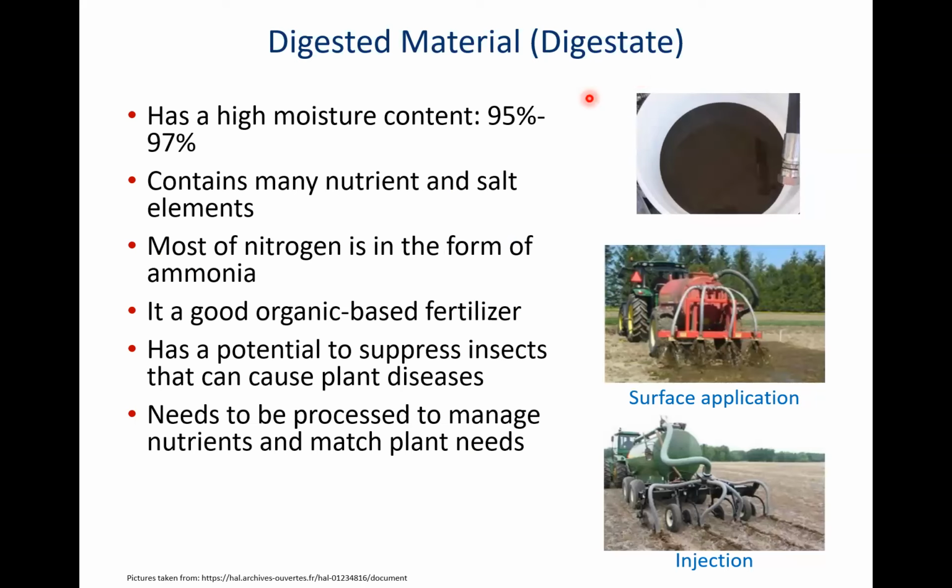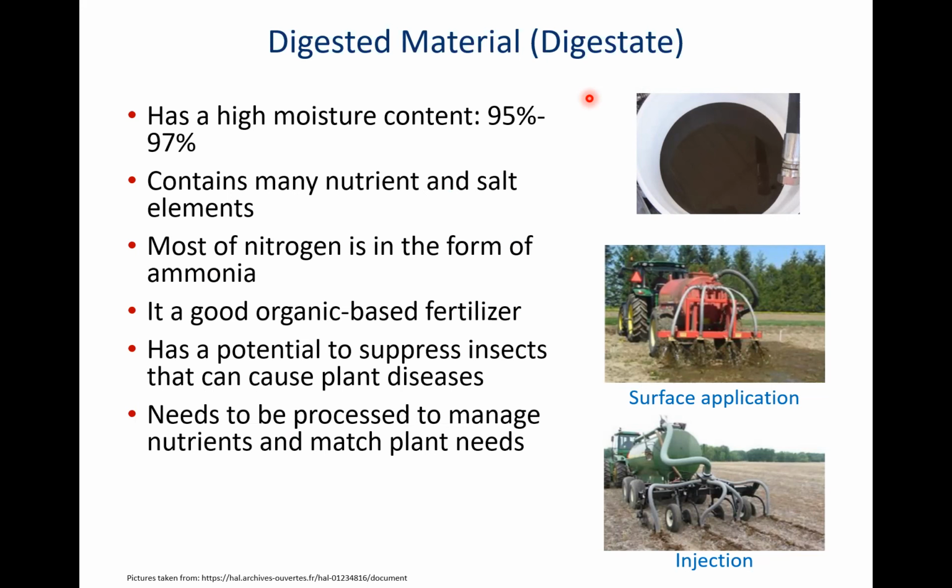If you have nutrients in liquid form, you can apply them by drip irrigation, for example. And if you have a solid fraction, you can just apply it with regular applicators for solid fertilizer, like manure applicators.